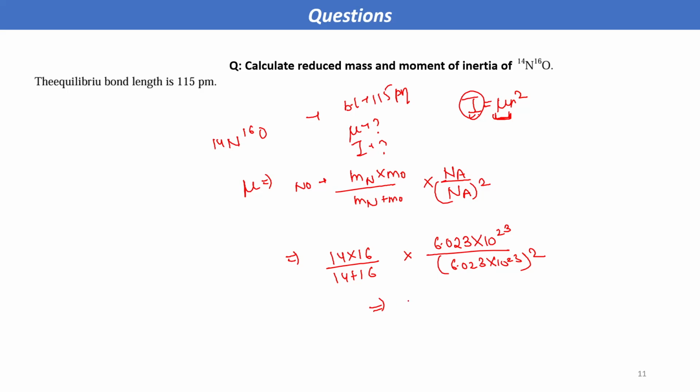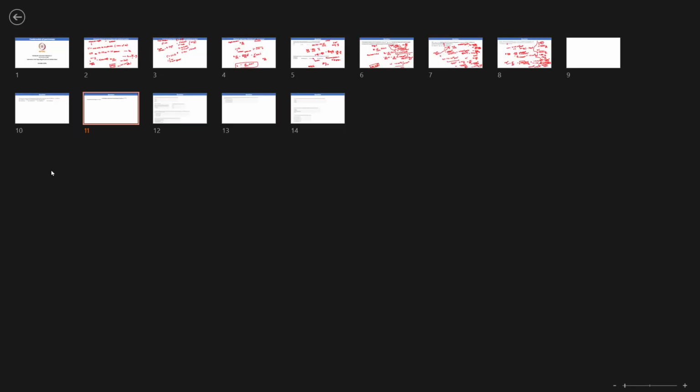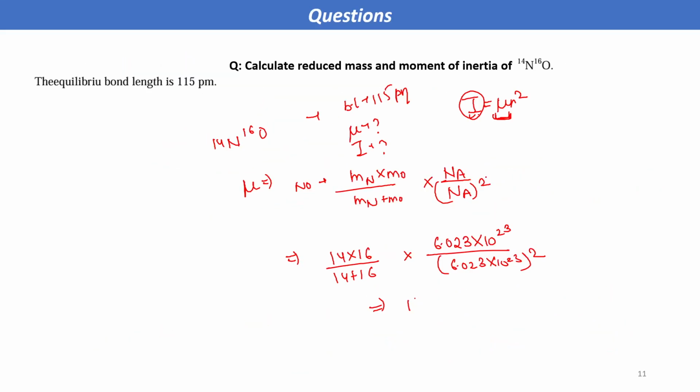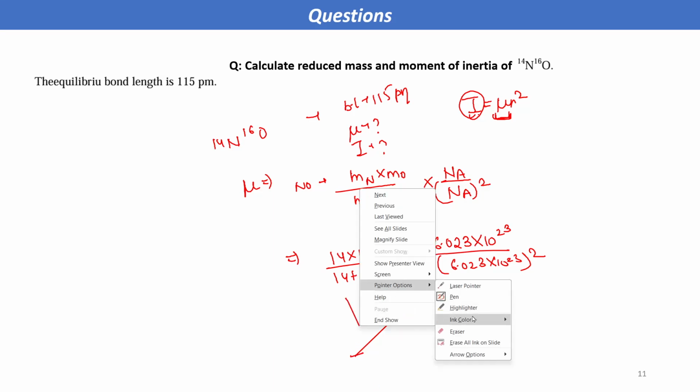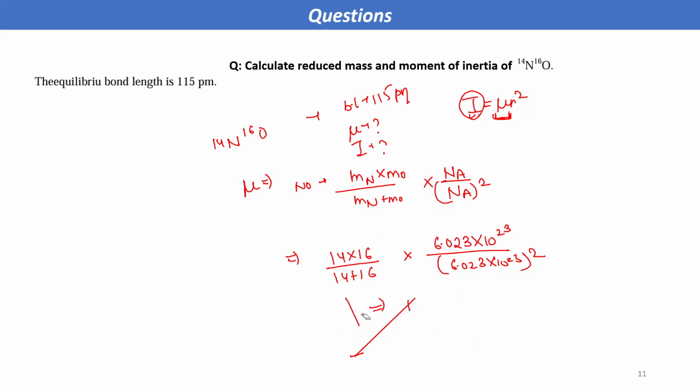So after solving, the value will be 1.240 into 10 raised to power minus 26 kg. This is the value of reduced mass.